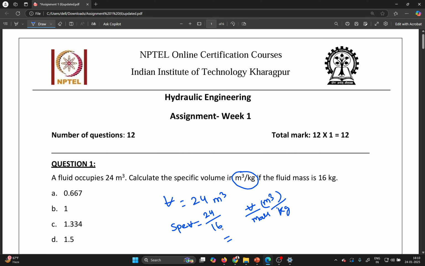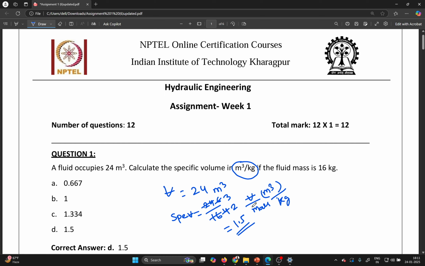How much? Please try to calculate. So will option D be correct or not? 1.5. So option D is correct for this question. Now we'll move on to the next question.